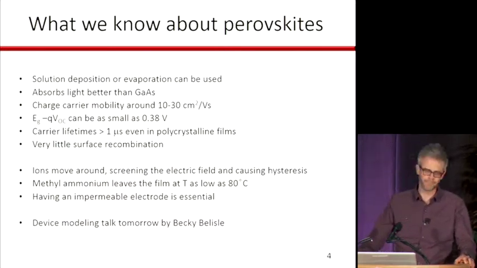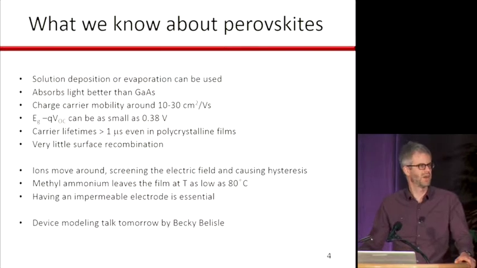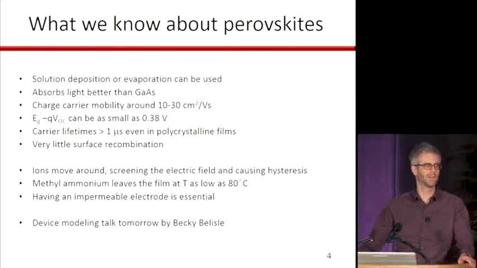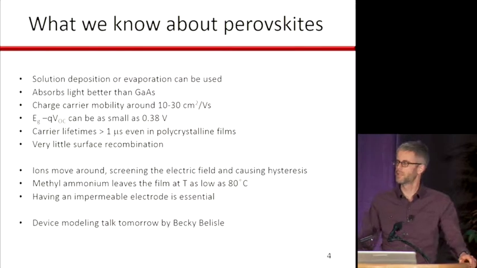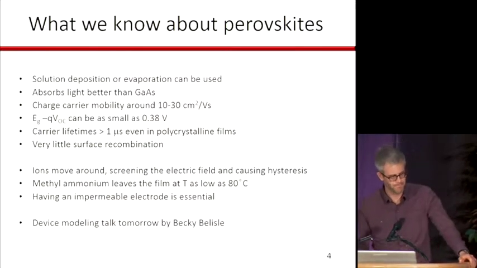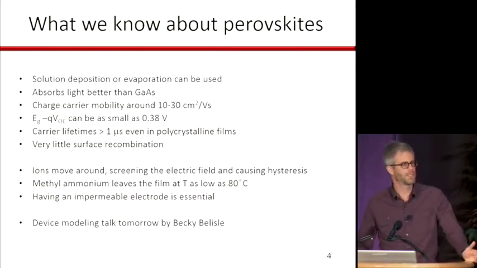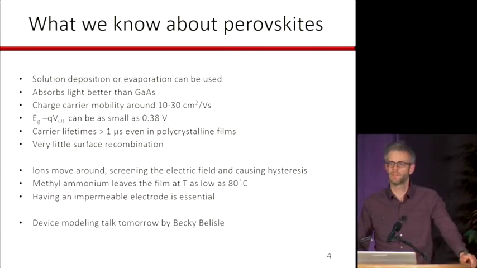So that's not quite as good as silicon or gallium arsenide, but very respectable for a polycrystalline material, and good enough to make a highly efficient solar cell. The voltage you can get is very respectable.